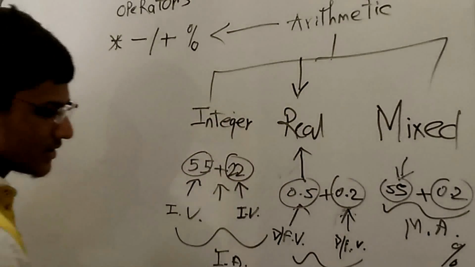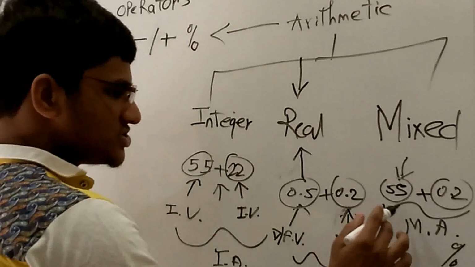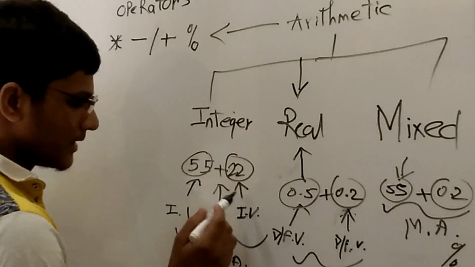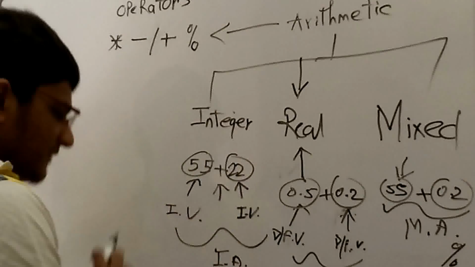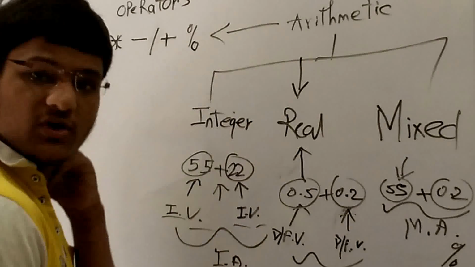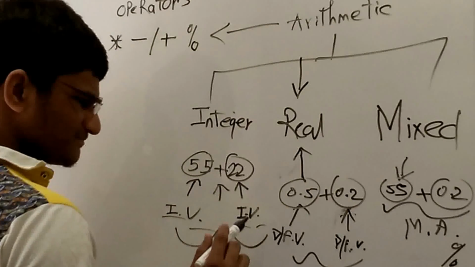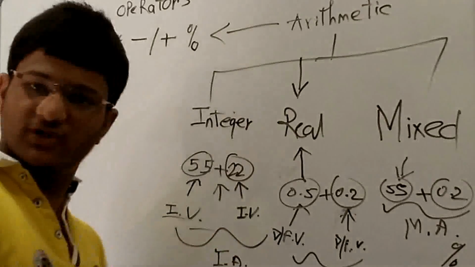So what if you have both integer variables and you get the answer as an integer? That's very obvious.